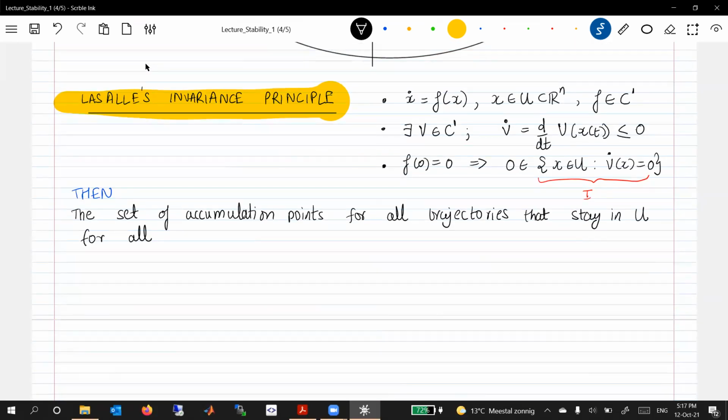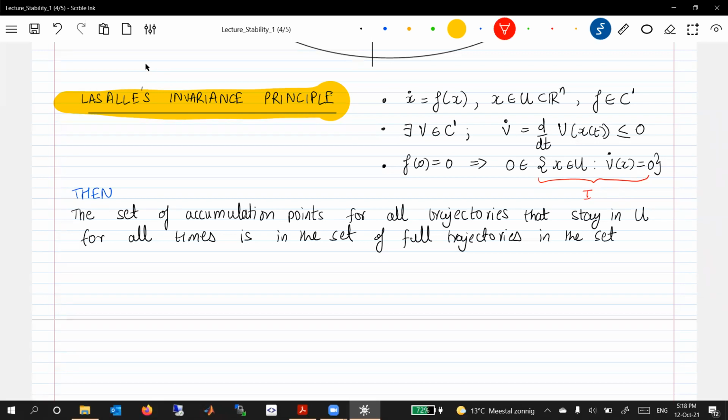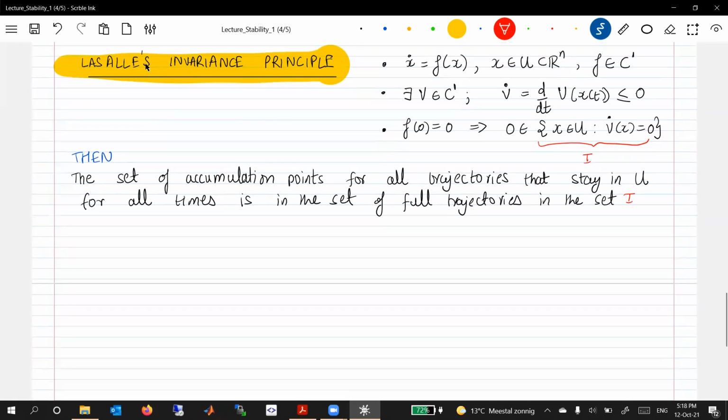So this is what this statement is telling us, that if this holds, then the accumulation points or the limit points of all trajectories that stay in U for all times are in the set of full trajectories in the set I, which is basically, once again, the set over which V dot vanishes in U.